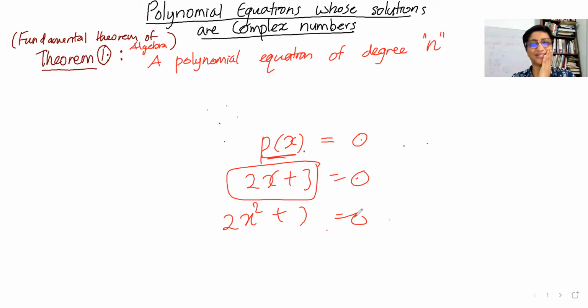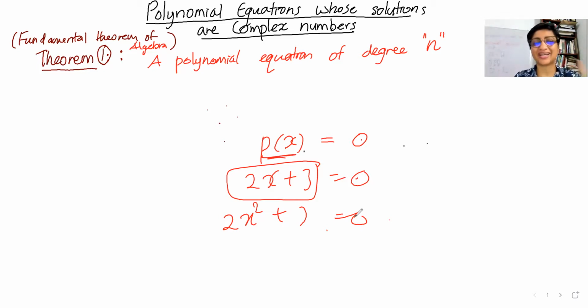A parabola cuts the x-axis at 2 places, but earlier we had cases where the parabola touches the x-axis at 1 point, so the roots are repeated, the same root twice. So there are 2 solutions, and they are the same: x equals 2 and x equals 2.